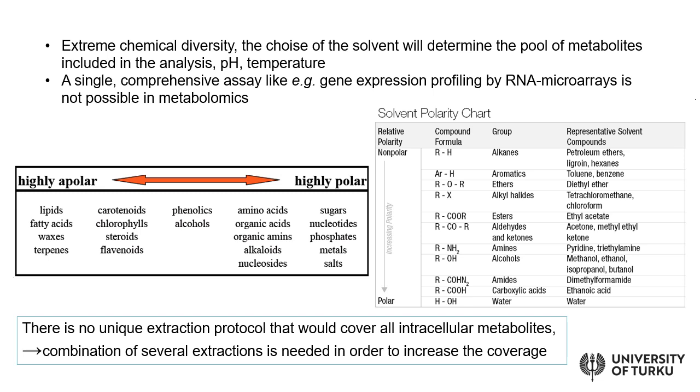And here we need to distinguish metabolomics analytics from other omics, especially genomics and transcriptomics. If you think about, for example, gene expression profiling, there you are basically catching the RNA molecules. So RNA is a very restricted structure, chemically speaking.